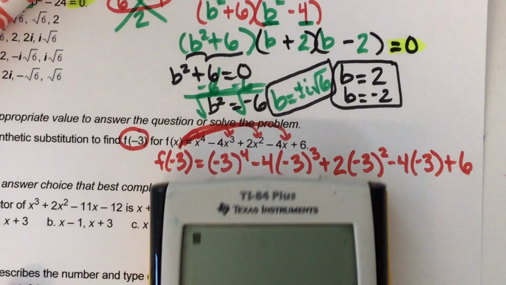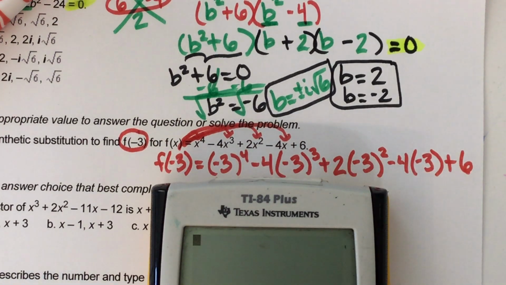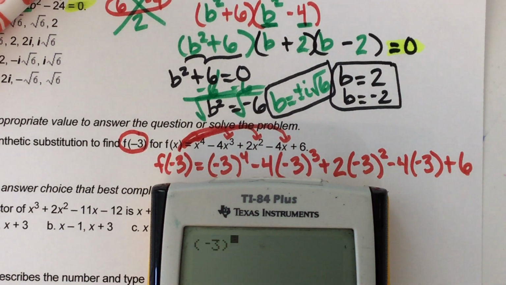Okay, so I've got parentheses, negative 3, close it, raise it to the 4th. Minus 4, parentheses, negative 3, close it, raise it to the 3rd. Plus 2, parentheses, negative 3, and square it. Minus 4, parentheses, put your negative 3 in there, plus 6. And we get 225.